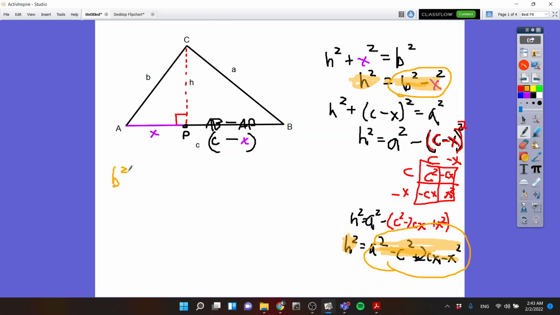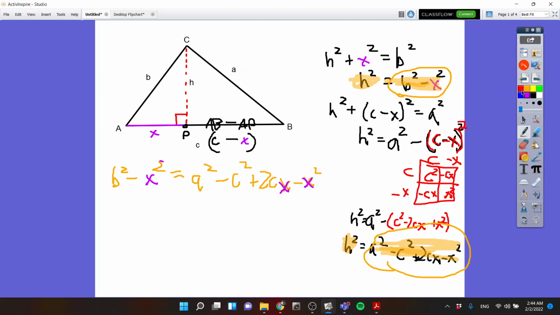So b squared minus, I'll keep my x color coding, x squared equals this stuff. So a squared minus c squared plus 2cx minus x squared. And I need my color coding. I've got x there, and I've got x here.